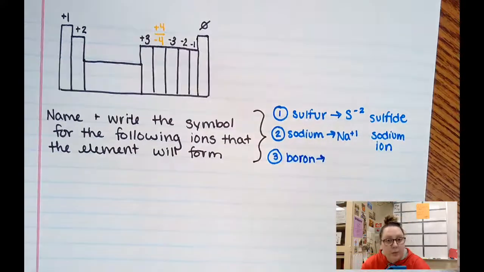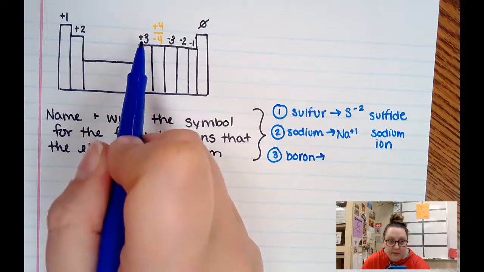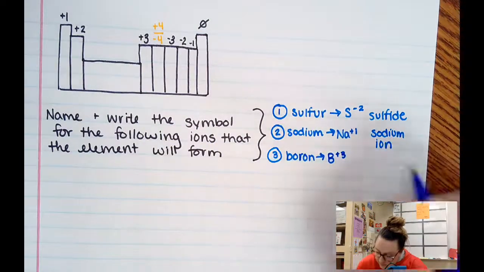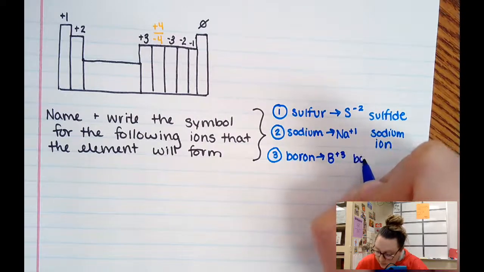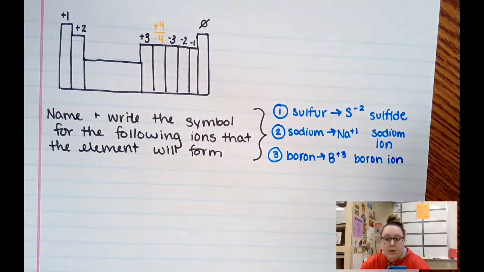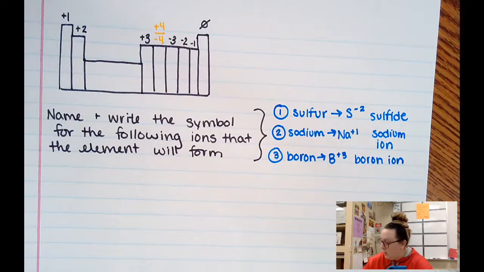What ion will boron form? Boron is located here. Formula B+3. And it is positive, so boron ion. Our non-metals are what form the negatives, and that's a good note to add on here.